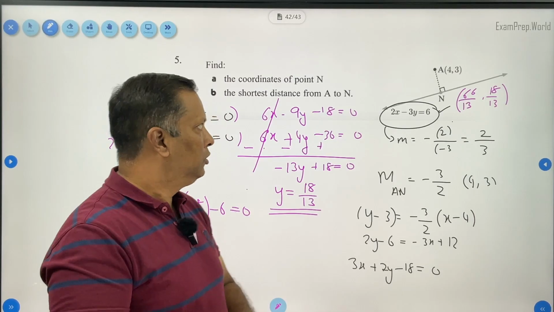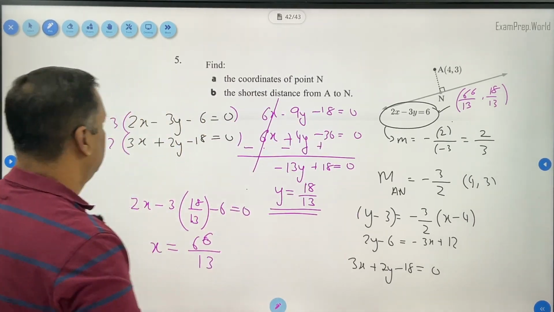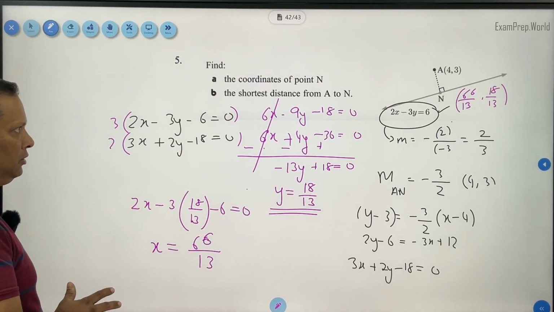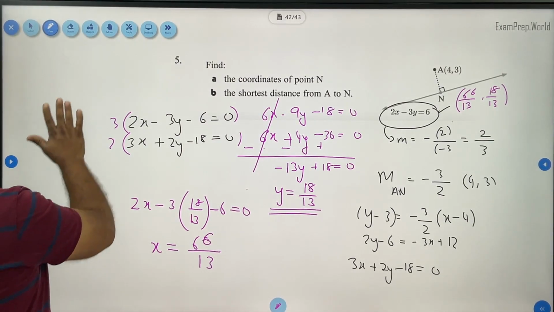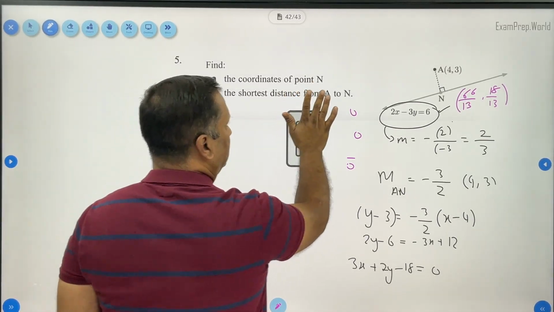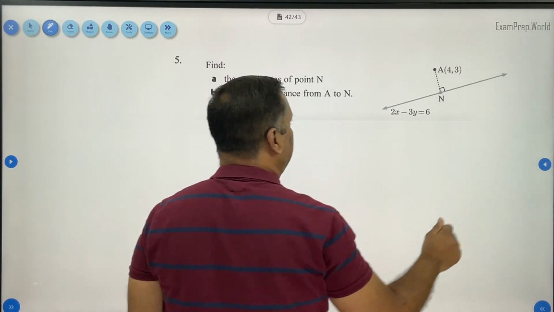Now one more task is there: the shortest distance from A to N. I am going to erase this. If you want, pause and write it. We have a formula for shortest distance, so we don't have to worry about any other calculation.